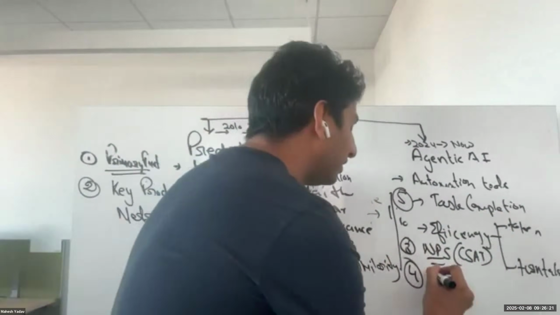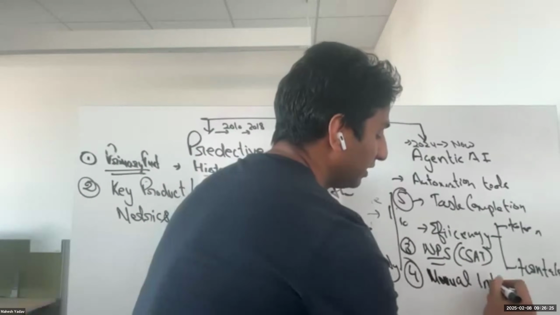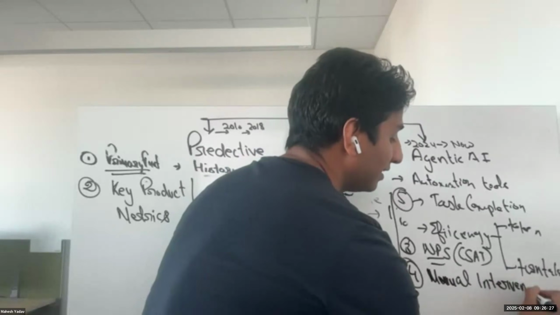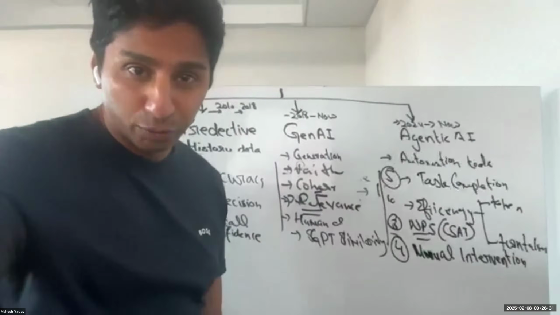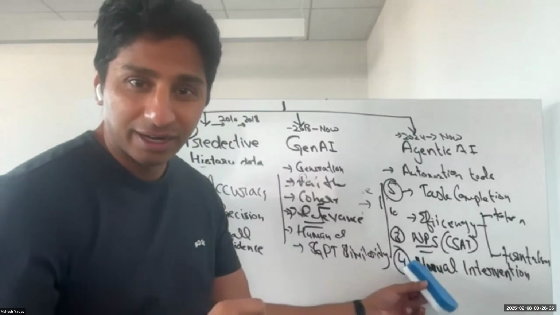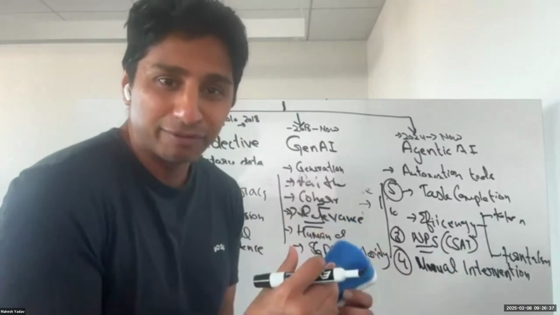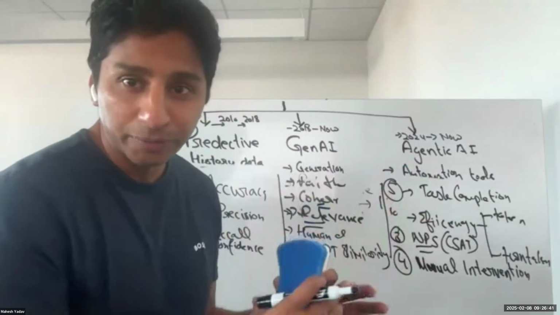Maybe manual intervention reduction. This is a new one, which contradicts what we were saying earlier. But most of the agents today also require a human to be called, which is what Pavan was asking earlier. I'm building a multi-agent system, but I should have a trigger where I can bring the human in and take his or her input.